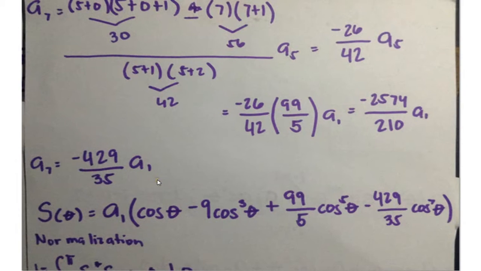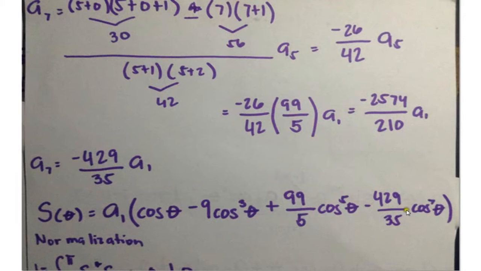Then substituting every value that we got, and also factoring out a1, we will get s is equal to a1 times cosine theta minus 9 cosine cube theta plus 99 over 5 cosine raised to 5 theta minus 429 over 35 cosine 7 theta.